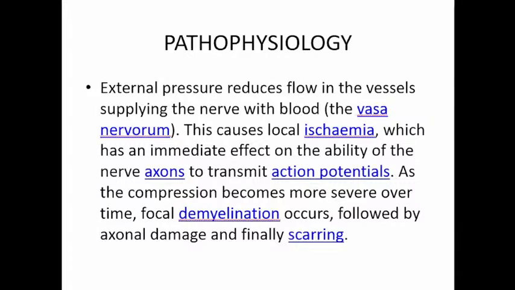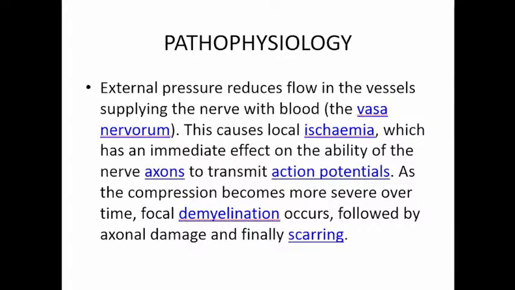And as the compression becomes more severe over time, there is demyelination, and that damages the axon and there's resultant scarring. So in short, the pathophysiology, number one, is that due to the pressure on the entire nerve, the blood supply is interrupted, and if the pressure continues, then the nerve itself is affected.